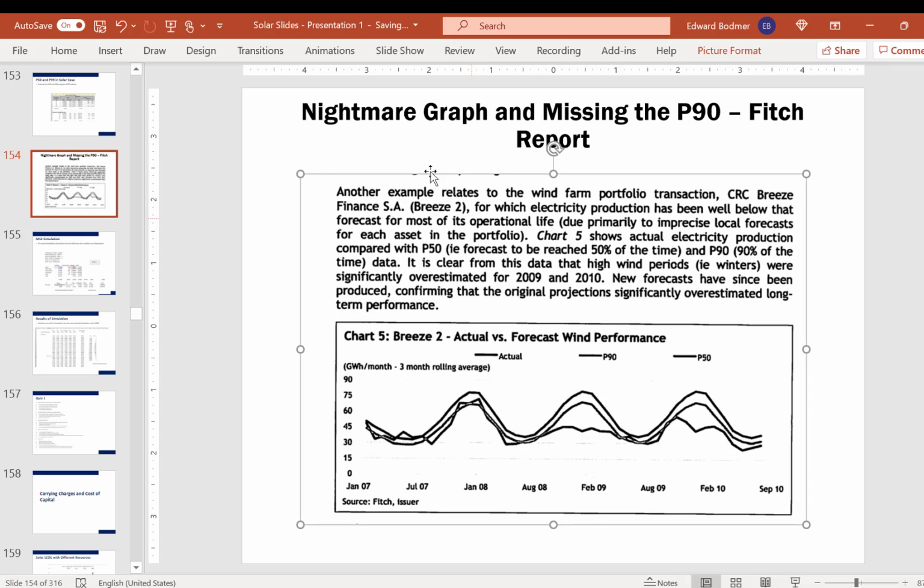There was a transmission problem. This was a breeze to some kind of project. Here, obviously, is the P50, the top one. The P90 is obviously below the P50. And the actual is up and down, up and down. And here, starting out, we're doing really crappy because we're at P90. That's supposed to happen 1 out of every 10 years.